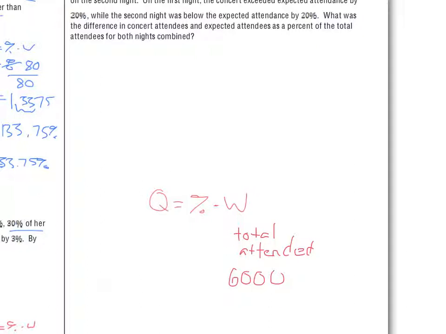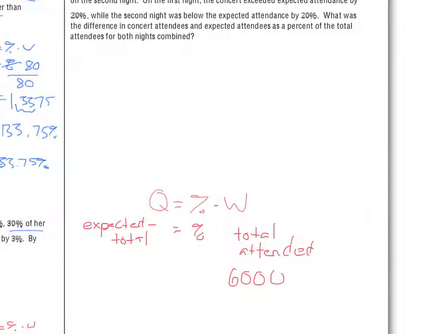And this is the difference in attended versus what was expected to attend. So this is going to have to be a subtraction of something. This is going to be expected minus total. And that's going to be a percent.